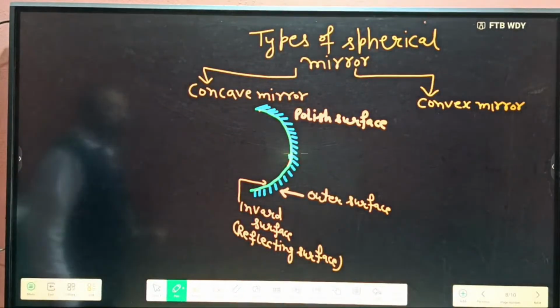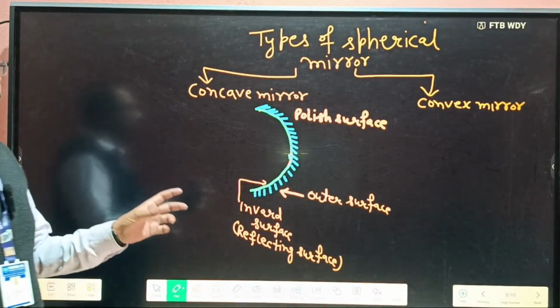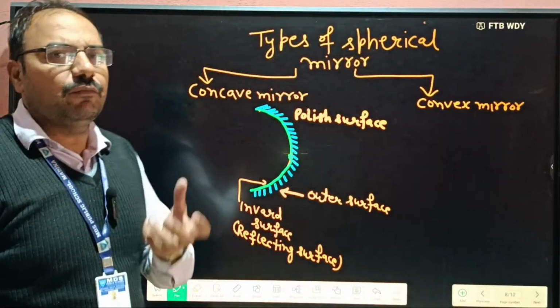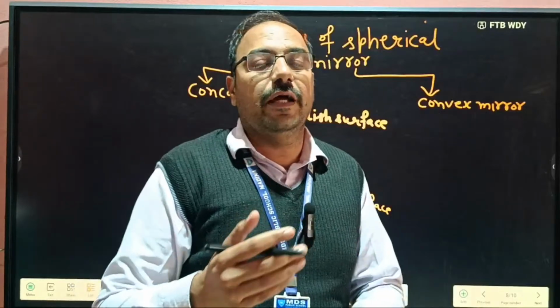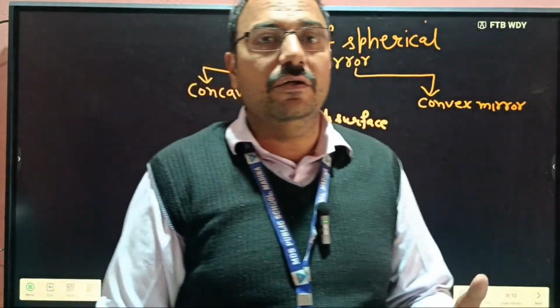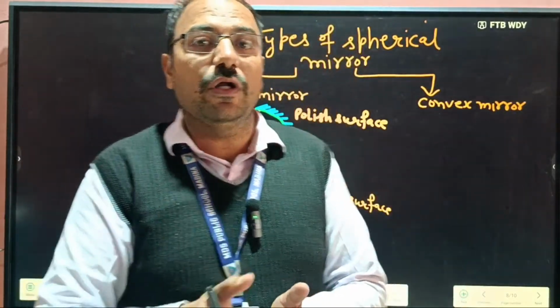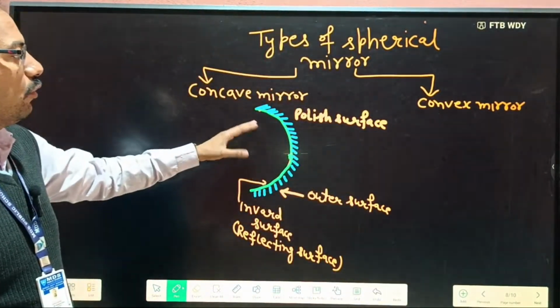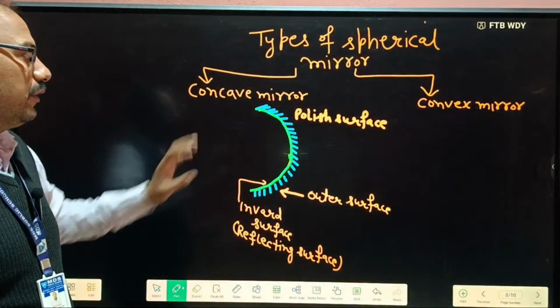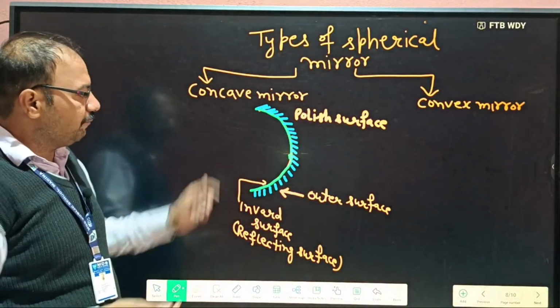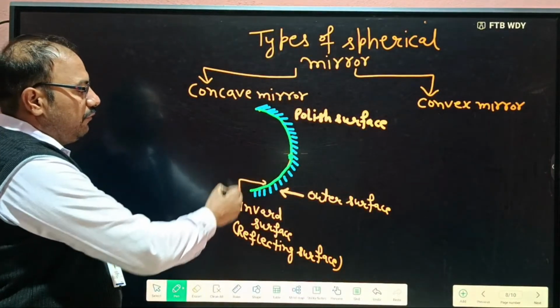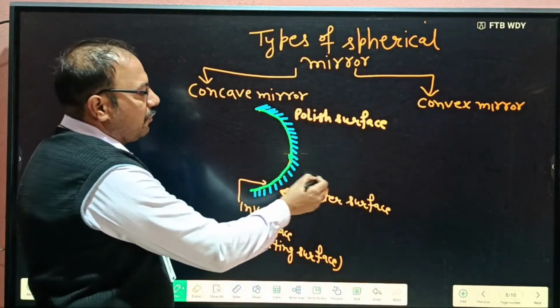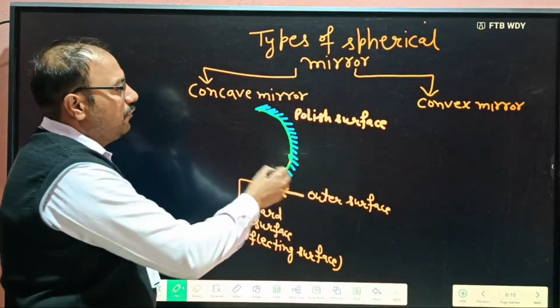This is a part of a spherical ball. Take the example of a plastic ball, a hollow sphere that is empty inside. If we cut that ball into two parts, one part looks like this, a part of the spherical surface. The inward surface is the reflecting surface and the outward surface is the polished surface.